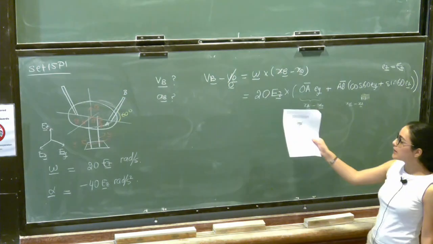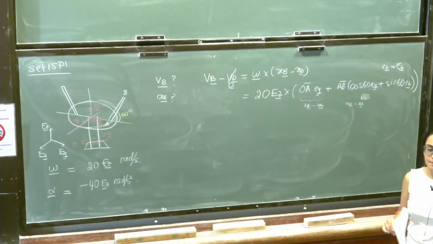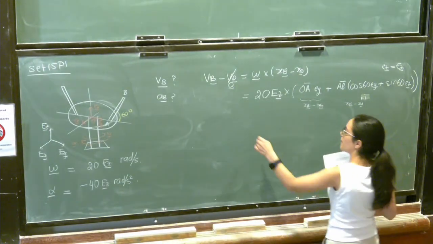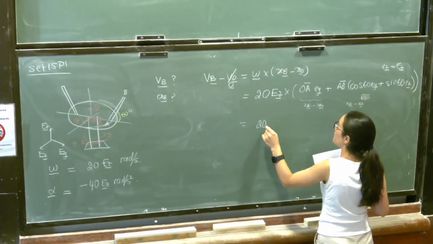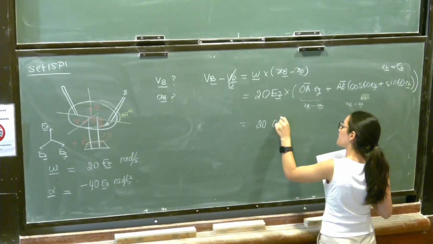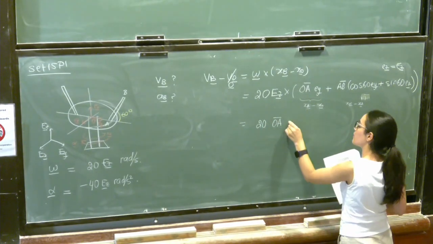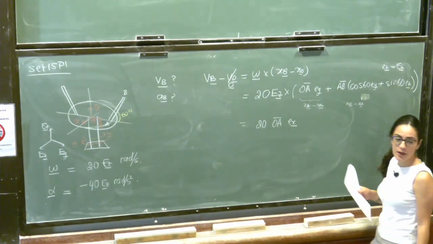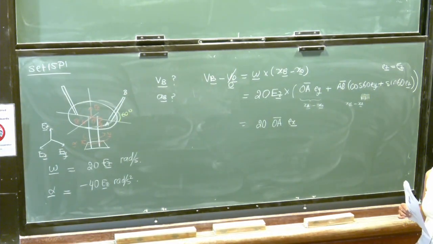What is Ez cross EY? Ez cross EY is equal to Ex. Raise your hand if you agree with this. Ez cross EY. Is it negative or is it positive? Raise your hand for negative.